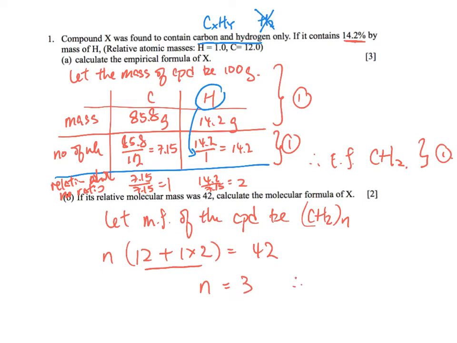Therefore the molecular formula will be C3H6. Remember, it is not an official short term, so please write it out expressively, like empirical formula and molecular formula. I'm just very lazy right here. So this one is a type 2 question. Just remember to include this statement.